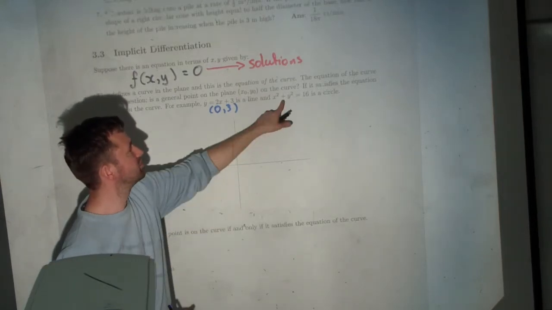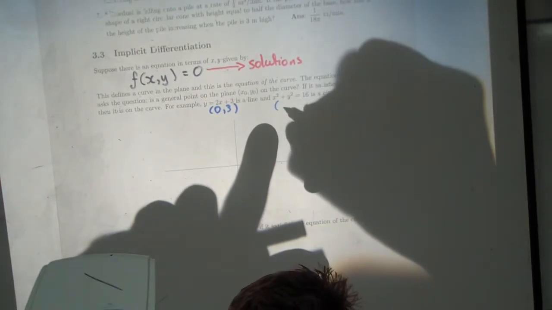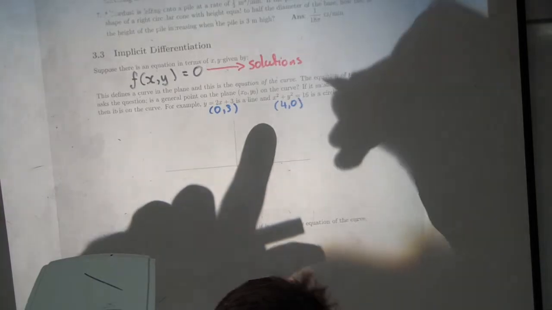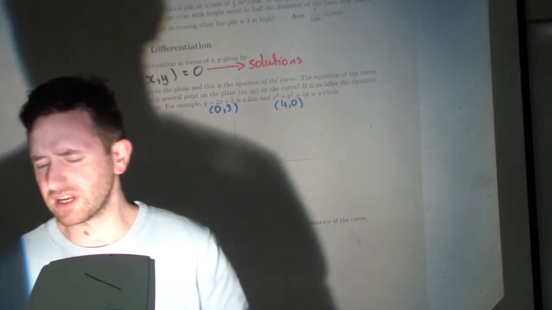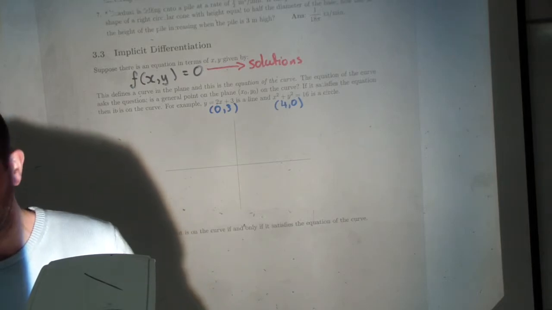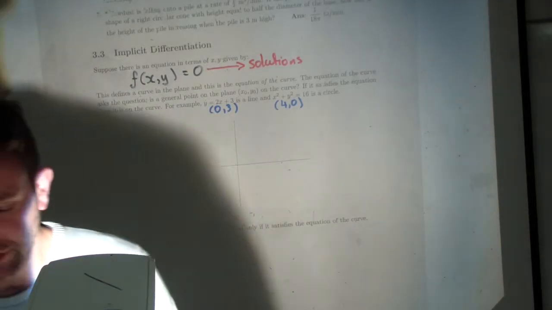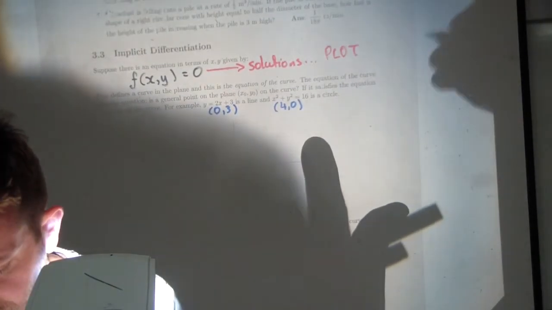Have we any point on this? 4, 0, for example. Okay. So the equation of a curve basically asks the question: find all the solutions. Now you don't actually do that. There's infinitely many. It's more a theoretical thing. You have an equation, imagine all the solutions, plot them, and then you get a curve.